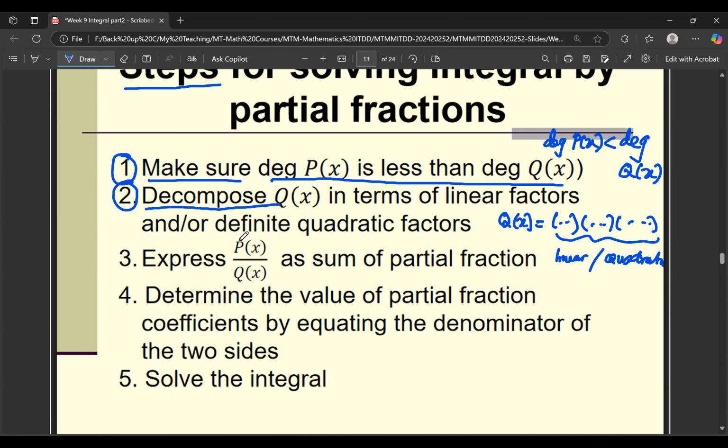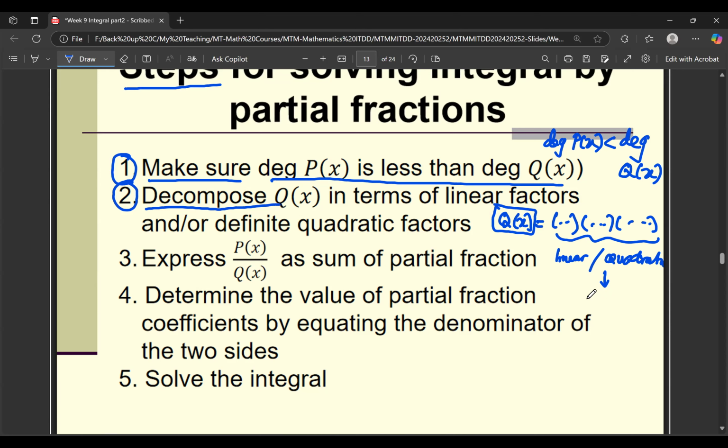After you get the decomposition of Qx, you can decide what case you will have.